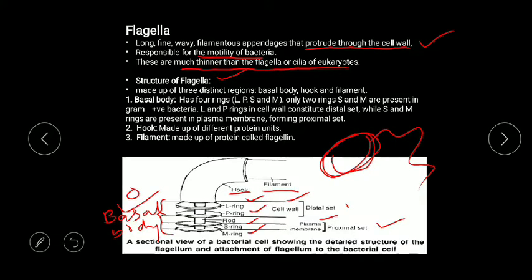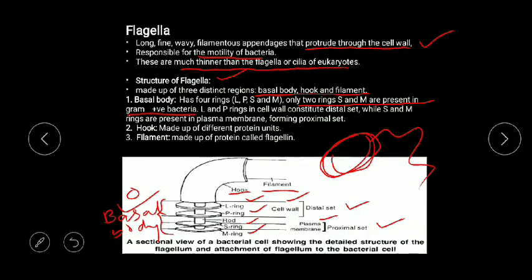If we talk about the rings of the plasma membrane and cell wall, the rings present in the plasma membrane are known as the proximal set, and the rings present in the cell wall, that are P and L, are the distal set. So it is made up of three things: basal body, hook and filament. The basal body has four rings, that is L, P, S and M, but remember one important point: only two rings, S and M, are present in gram positive bacteria.